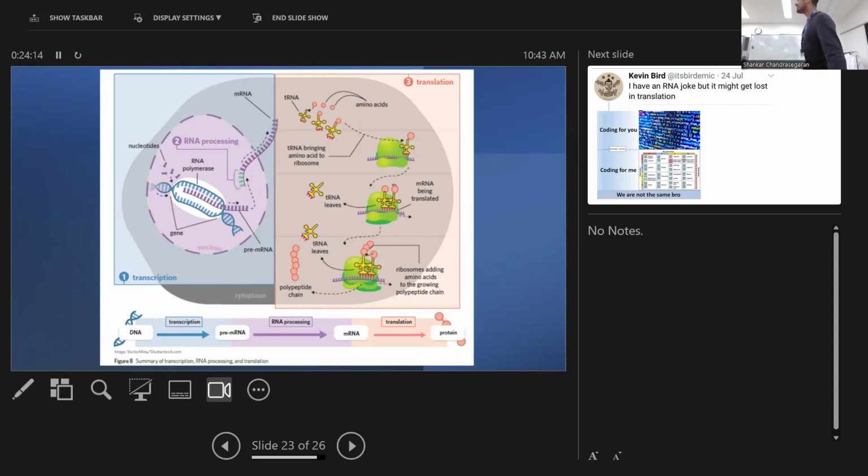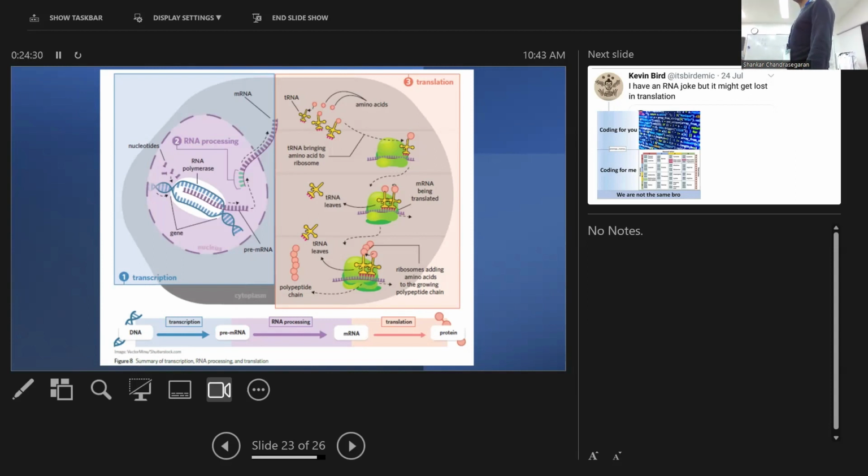So it's a simple process once you break it down like that, but every step is important for it to finally make a polypeptide chain, which will then undergo folding and so on to become a functional protein.